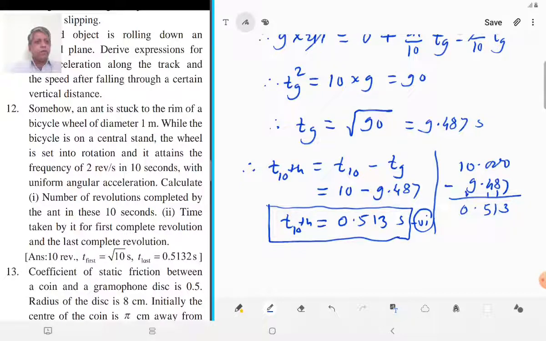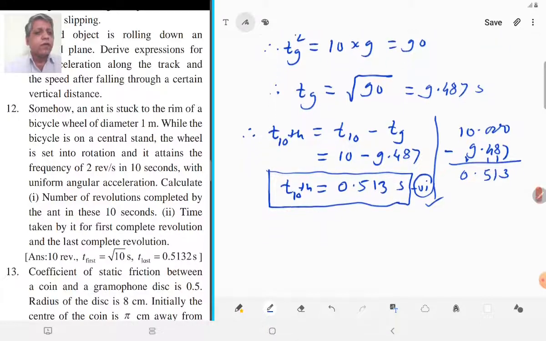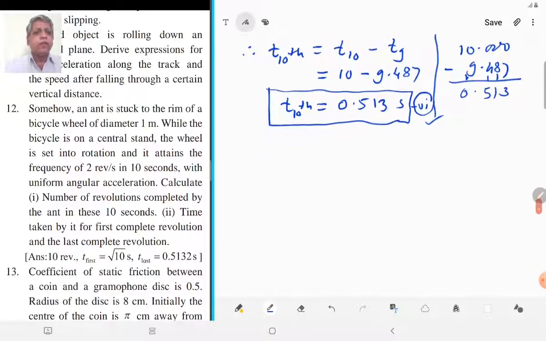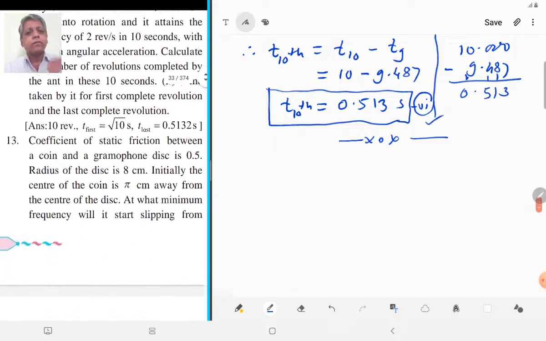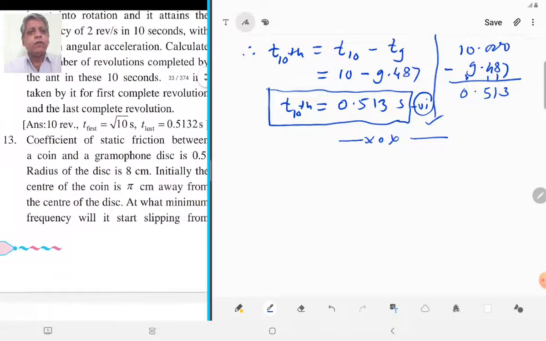This is due to log table. The author used a calculator, hence there is a difference, but it is nearly the same, so it is the correct answer. In this way we can solve another numerical, numerical number 13.